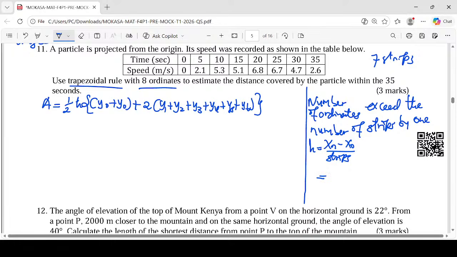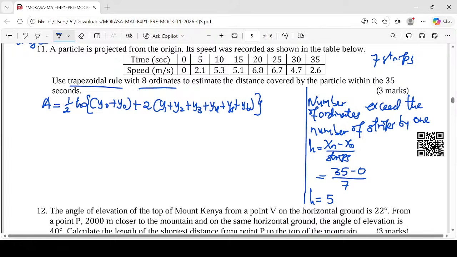Our last value here will be 35 minus 0 divided by the number of strips now, which we've said to be 7. So the value of h is going to be 5.